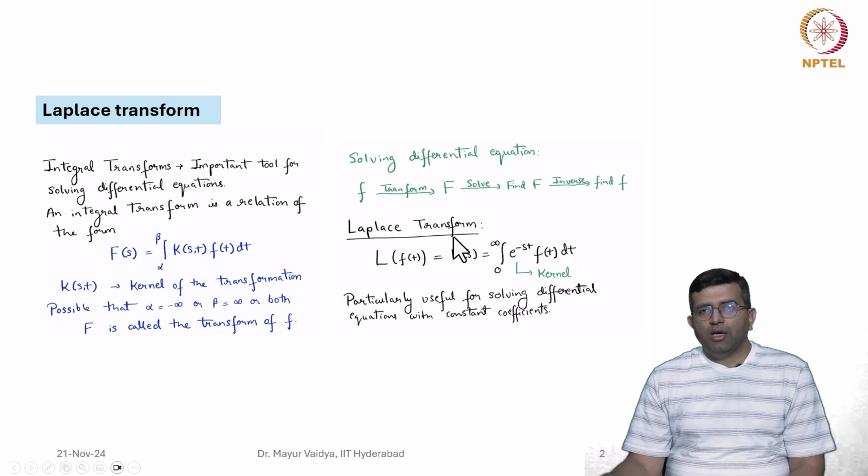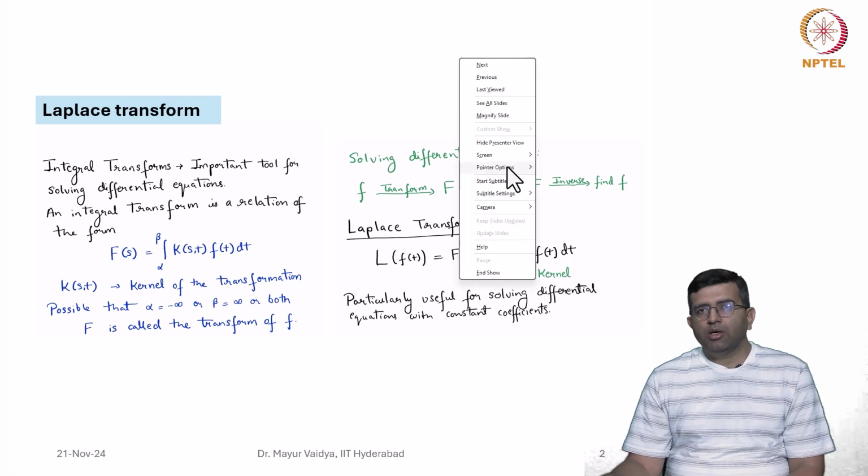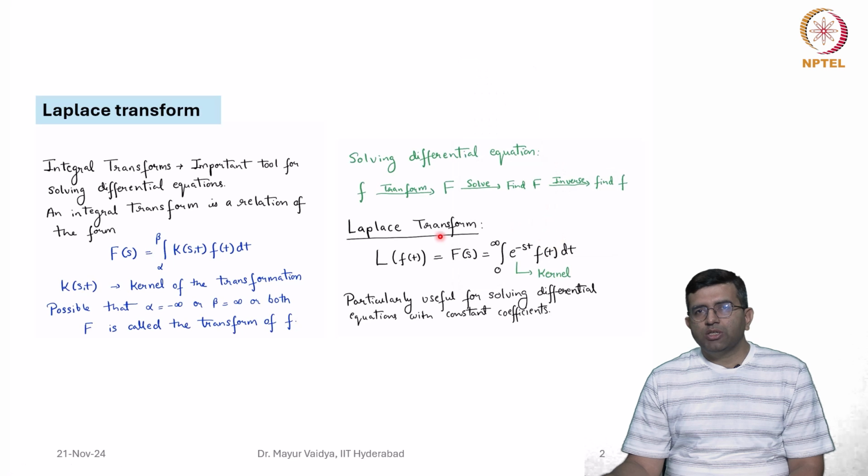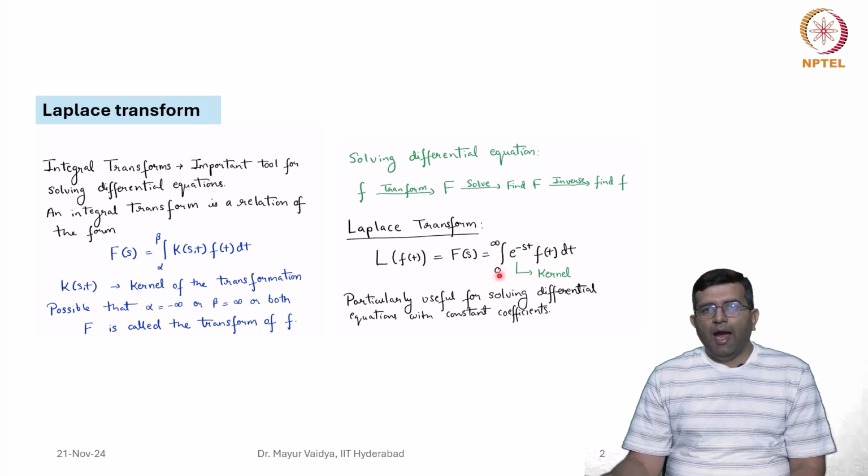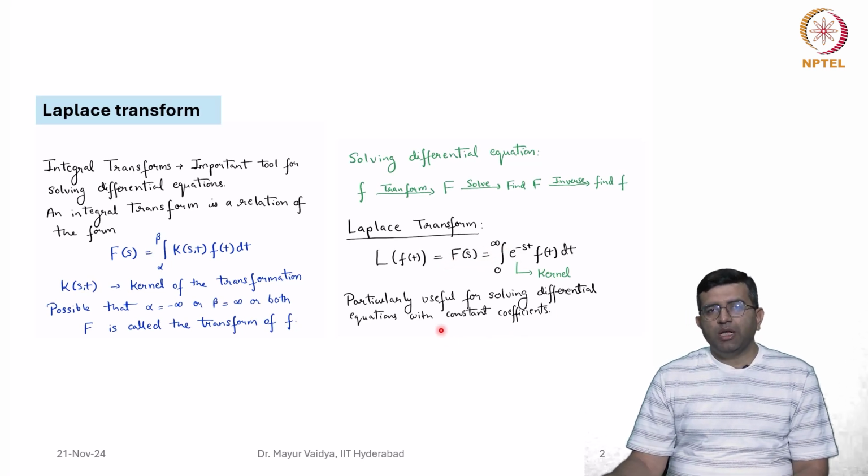If you compare this integral with the general form, you will understand that e power minus st is the kernel of the Laplace transform, and in this case alpha and beta are 0 and infinity respectively. This Laplace transform is very useful for solving differential equations with constant coefficients.